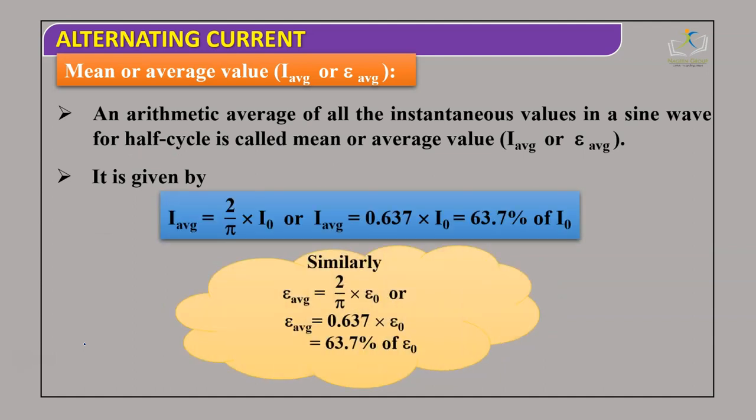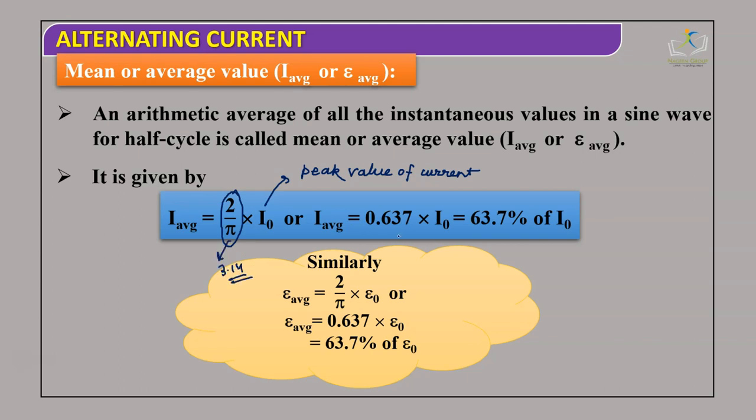It is given by I average equals 2 by pi times I naught. Here again, I naught is what? This is the peak value of a current. And I average equals 2 by pi, where pi is 3.14.